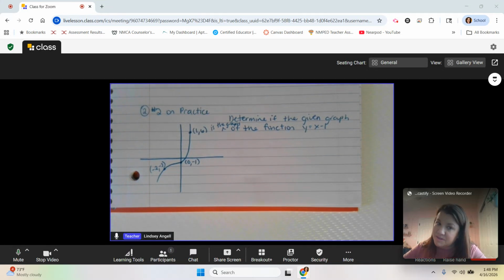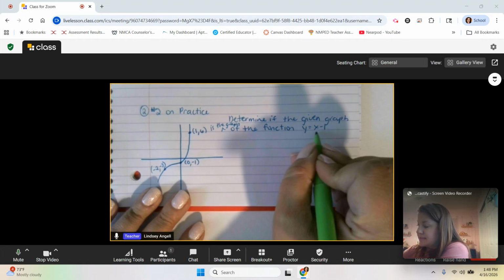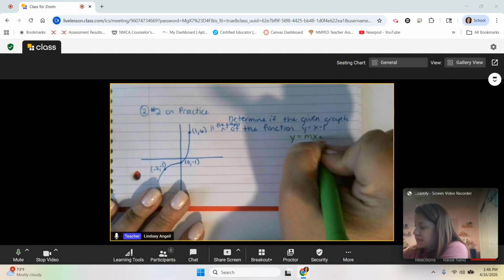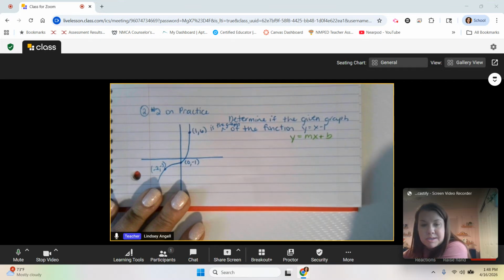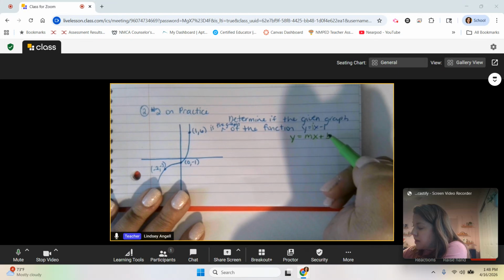Number 2 is number 2 on your practice. Determine if the given graph is the graph of the function y equals x minus 1. So, first off, I want you to notice that this is written in y equals mx plus b, right? Slope-intercept form. Now, m, that would be equal to the number 1, right?